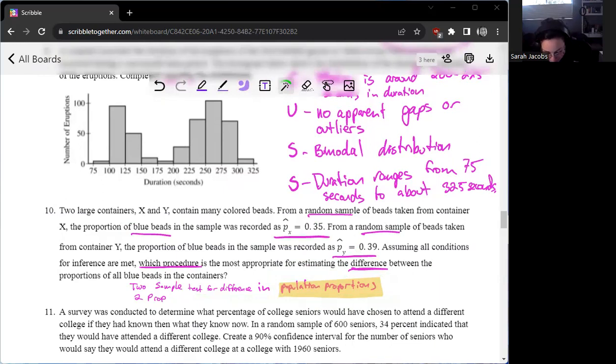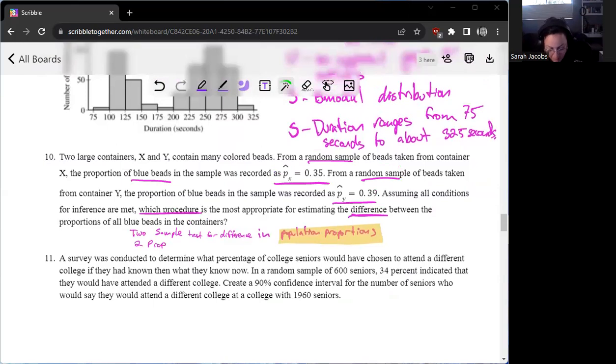All right. And for 11, last but not least, for this little chunk, a survey was conducted to determine what percentage of college seniors would have chosen to attend a different college if they had known then what they know now. Ooh. Live your life with no regrets.